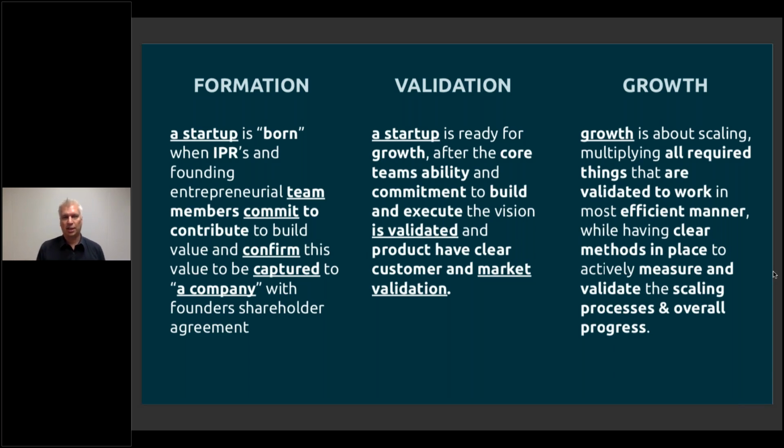So all of those are documented, so that there actually is a startup. Before there is a shareholder agreement created, it's just a vague concept. Even if people talk about there being a team, if there is no agreement, there is no team.